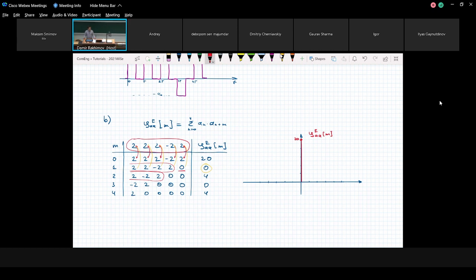It doesn't go to infinity. It has amplitude equal to 20, and that's it. But it's not a delta pulse. It's just a sample. It has no duration and has a specific amplitude.